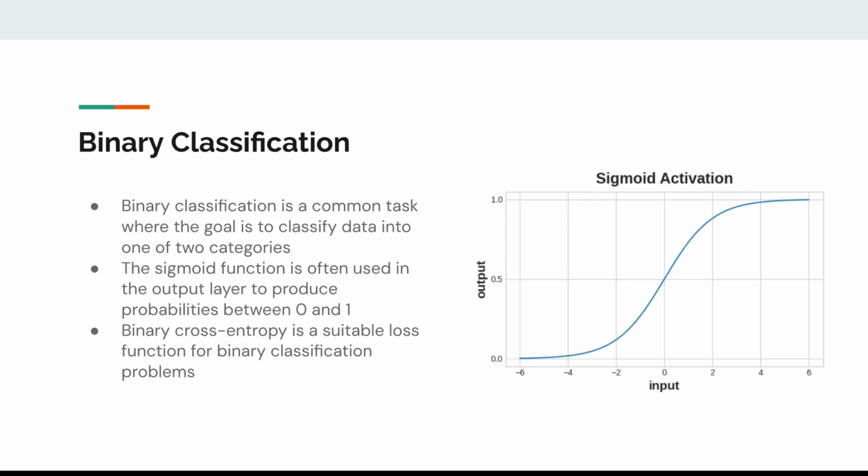If it is closer to 0, we classify it as the other category. So if the probability of yes is really high, closer to 1, we take it to that category. If the probability of yes is really low, close to 0, we take it to no. The model is trained using what we call a loss function. Loss functions can include binary cross entropy, which helps our network to improve over time.